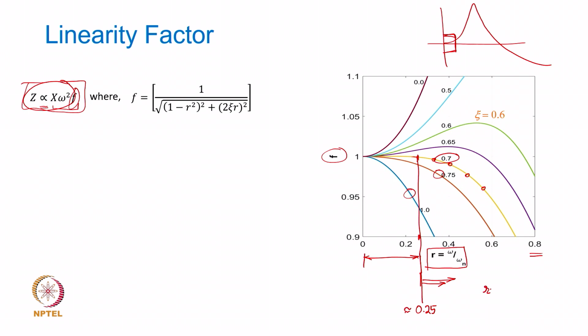Now, when R is equal to 0.25 for the sake of illustration here, what does that mean? Supposing I am supposed to measure a frequency, let us say 5000 hertz, which is going to be 5000 into 2 pi radians per second, okay, just for the sake of simplicity and illustration here.